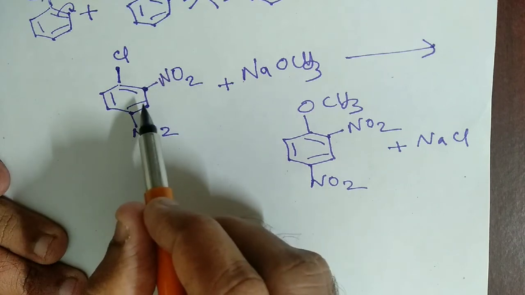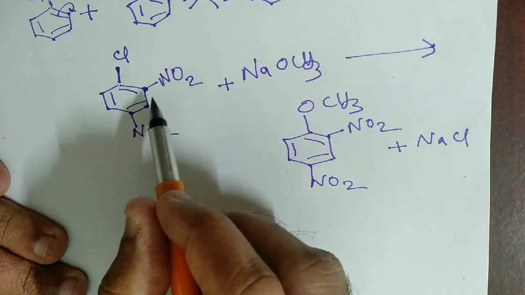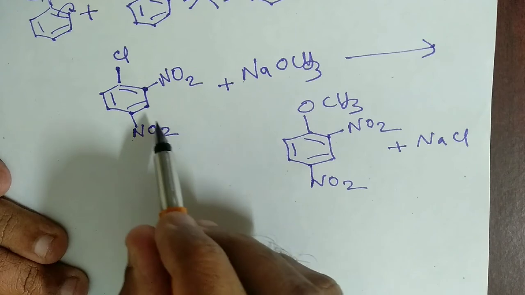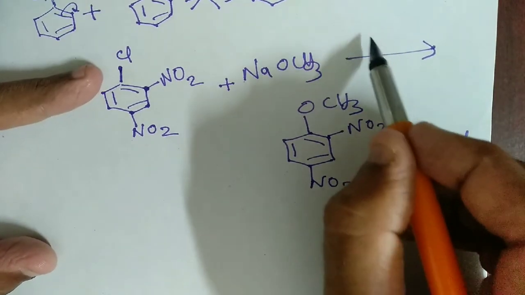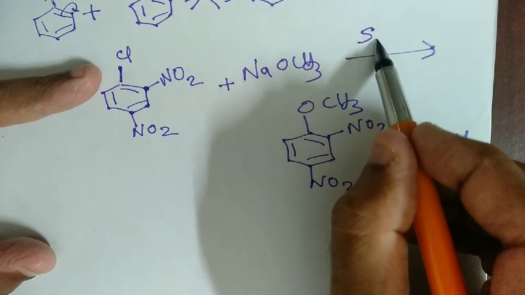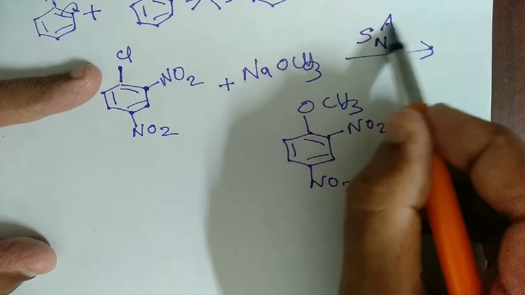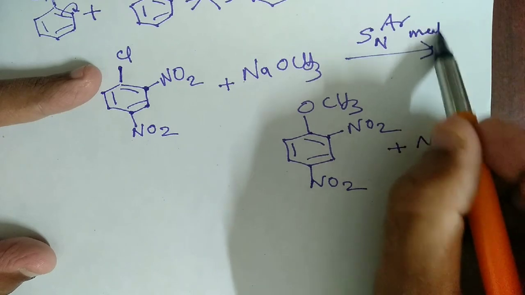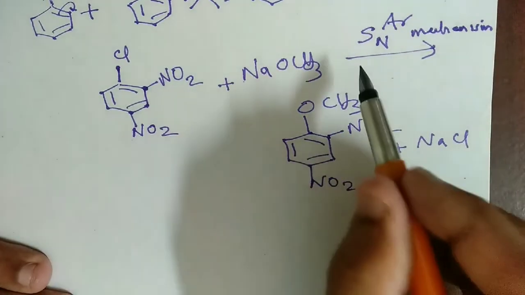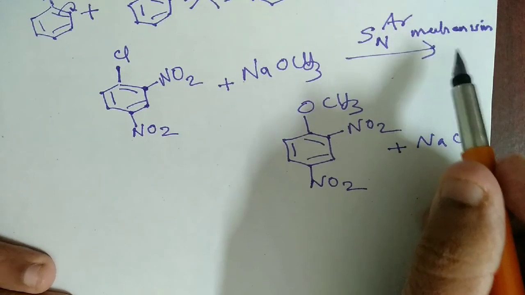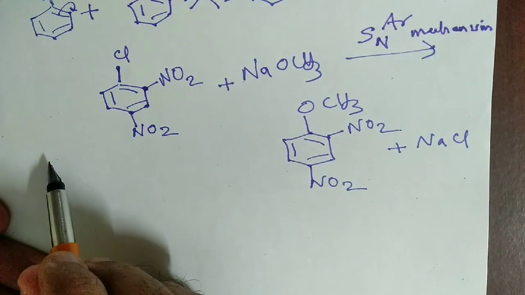The nitro group stabilizes the intermediate and hence the SNAr reaction takes place. It is an example of a Williamson's ether synthesis following the SNAr mechanism. It has been discussed along with the chemical properties of aryl halides.